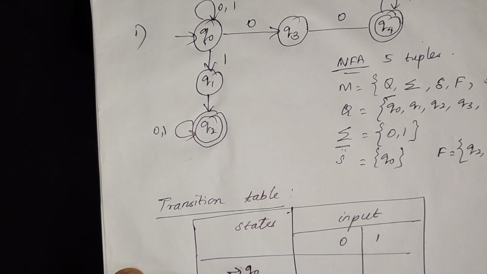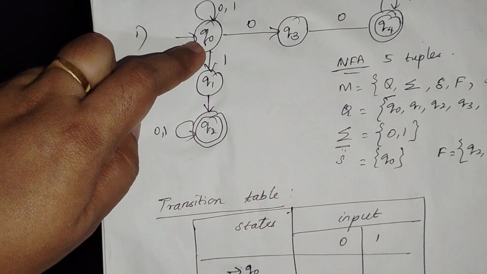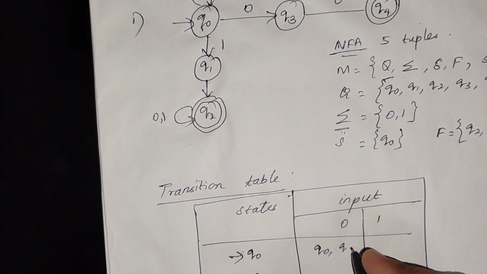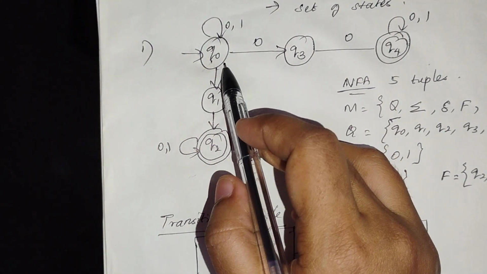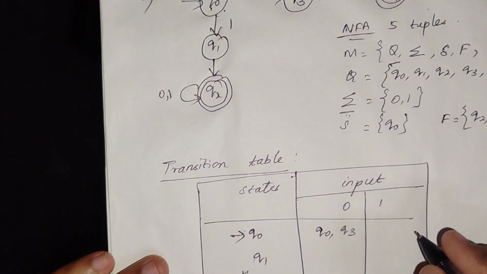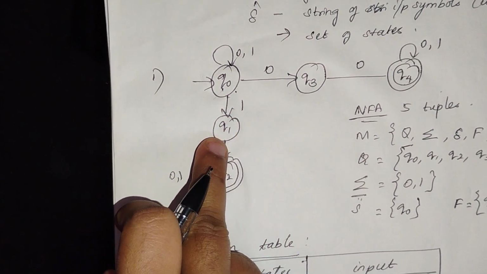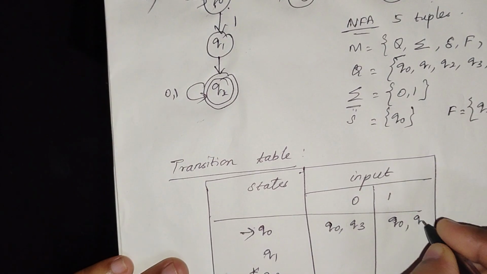From this diagram, Q0 with the input symbol 0 has a transition to Q0 and Q3, so we write Q0, Q3. Then for Q0 with the input symbol 1, it moves to the same state Q0, and it also moves to Q1, so we write Q0 and Q1.